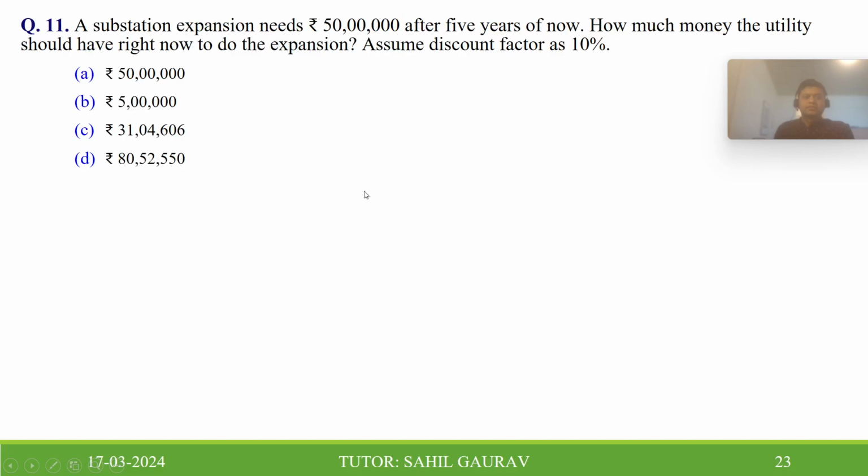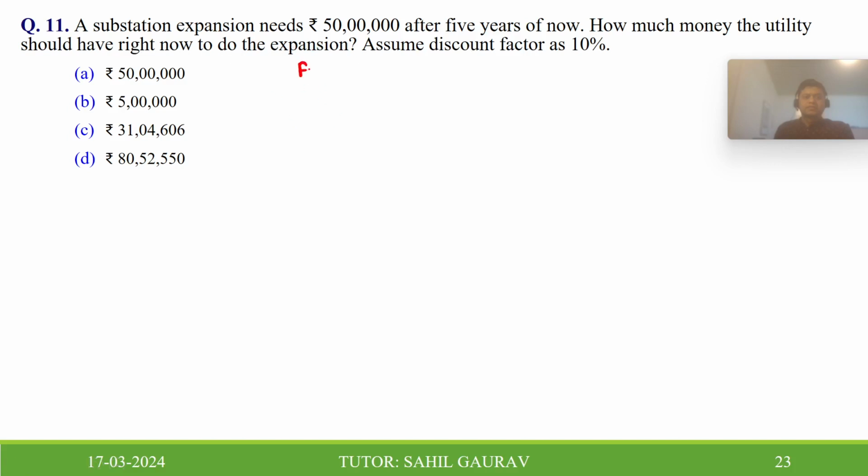Now coming to the next part. A substation expansion needs rupees 50 lakh after 5 years. How much money should the utility have right now to do the expansion, assuming a discount factor of 10%?